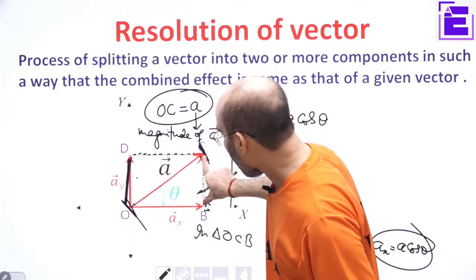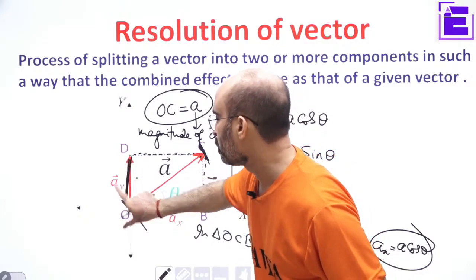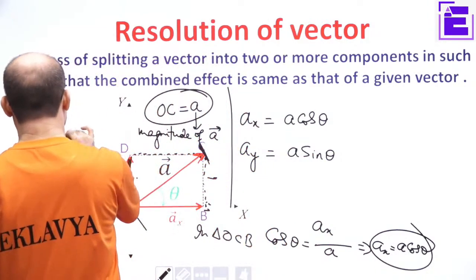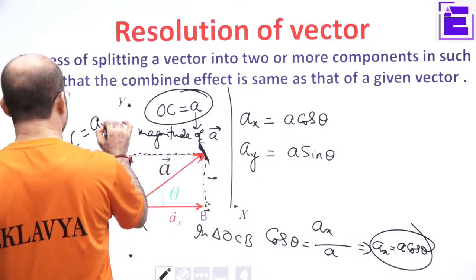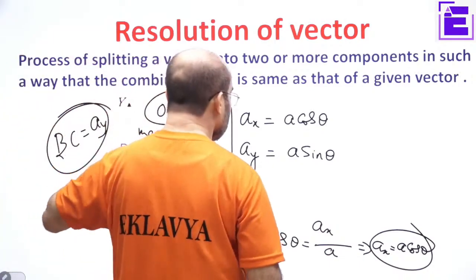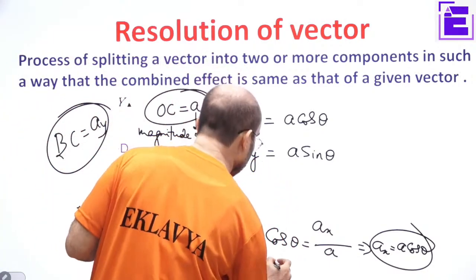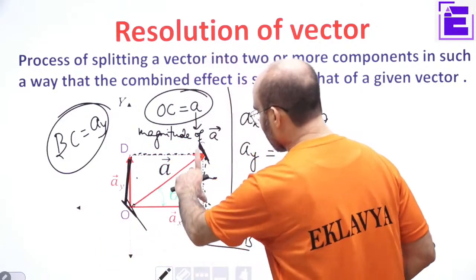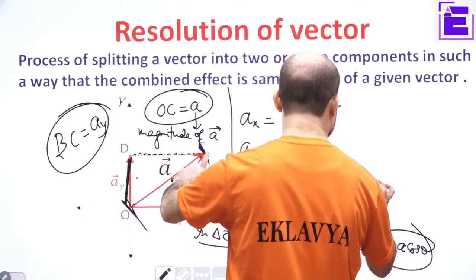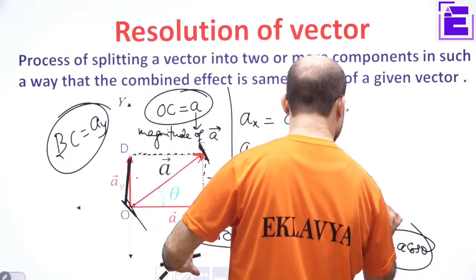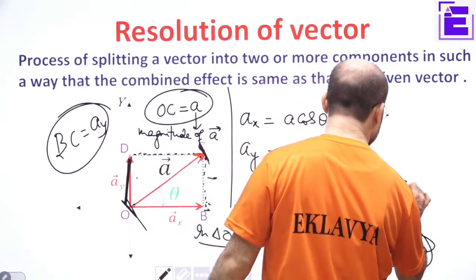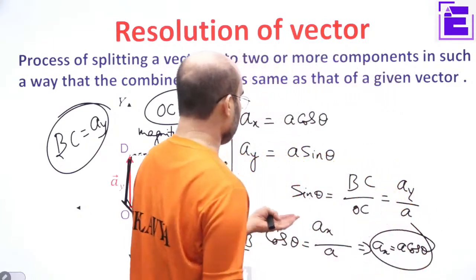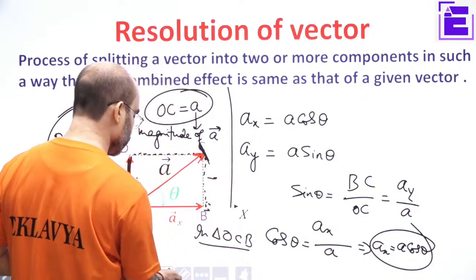If you measure this one, you have this Ay. That means BC is also equal to Ay. So sin theta will be equal to BC by OC. BC is Ay, and OC is A. So hence you have this result.